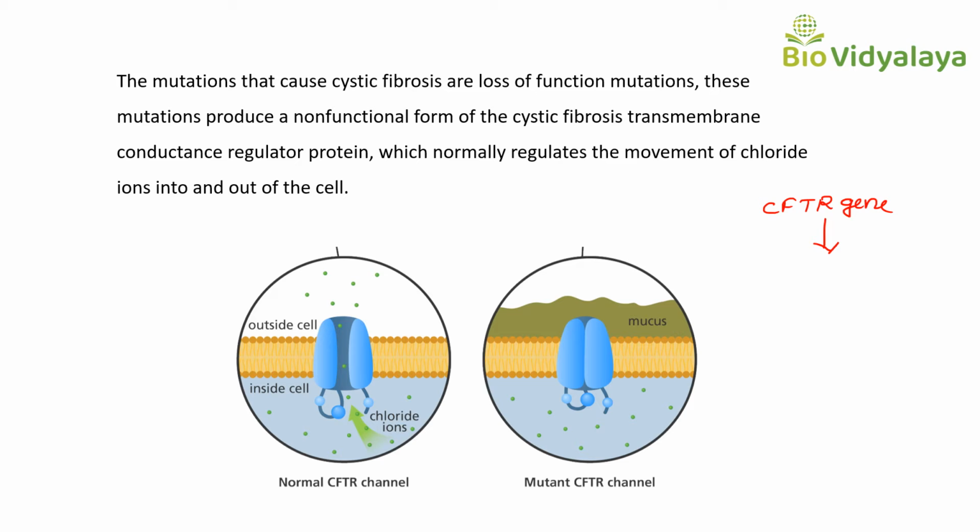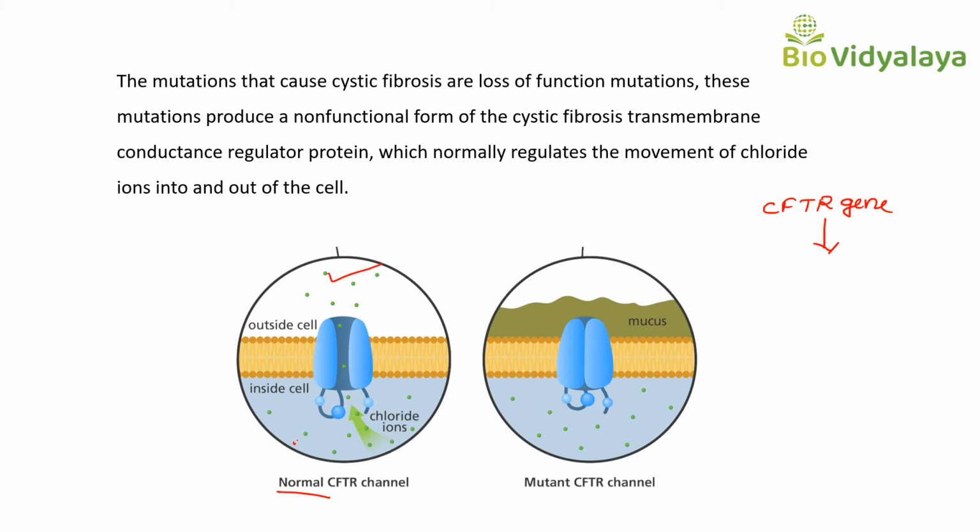Its function is to create a channel on the surface of the cell to allow the movement of chloride ion in and out of the cell. When the CFTR protein functions properly, the balance of chloride and fluid at the cell surface remains normal. This is the normal CFTR channel.